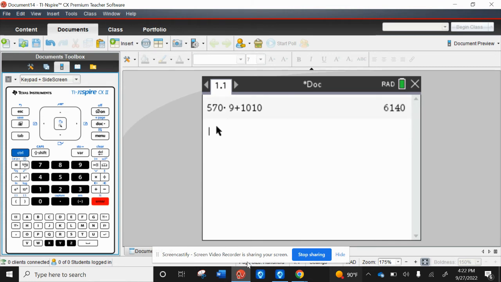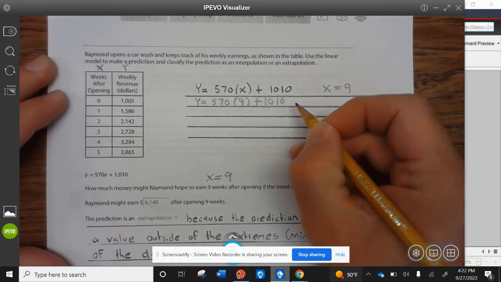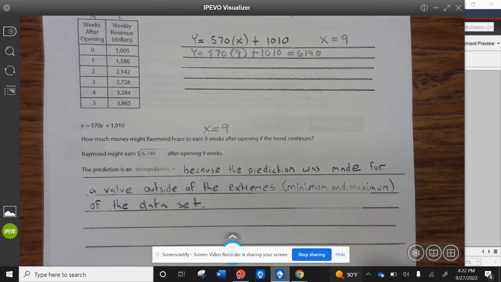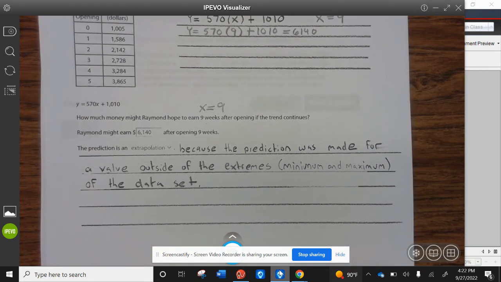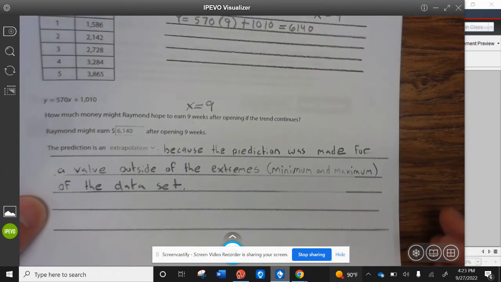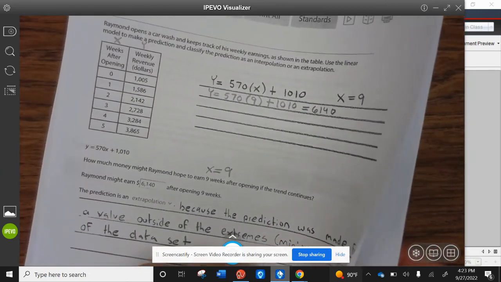And we get 6,140. So that means Raymond might earn 6,140 after opening 9 weeks. The prediction is extrapolation because the prediction was made for a value outside of the extremes, minimum and maximum, of the data set. All right, let's take a look at the next example.